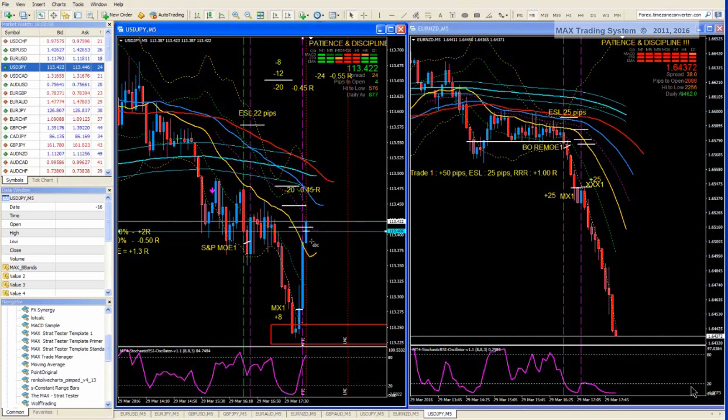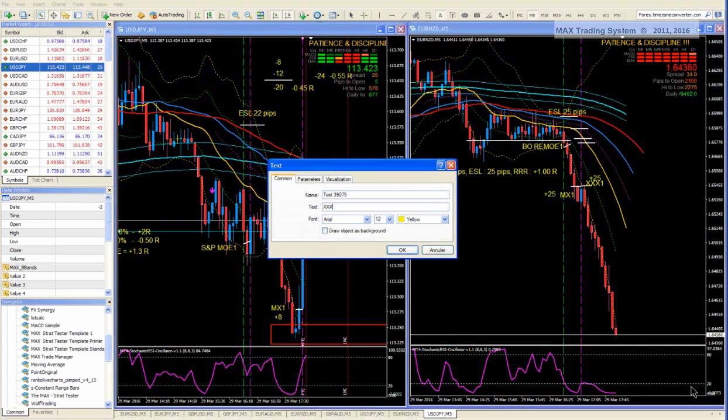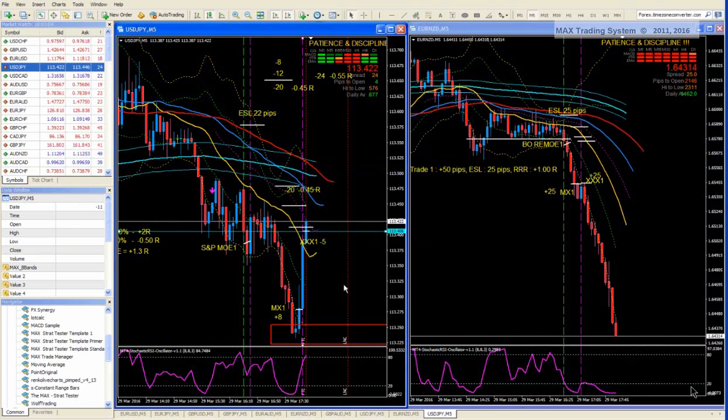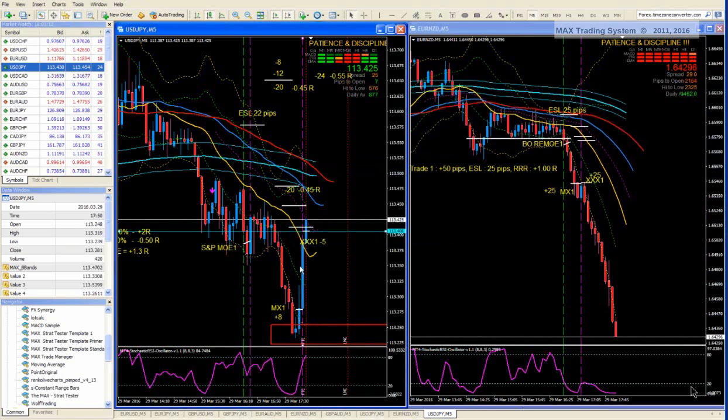So XXX1 minus 5. Now, what we are doing for the moment in the Max, and this will soon become another exit rule: you can see in this example, we have had a long bar, but against the trade, a long bar.